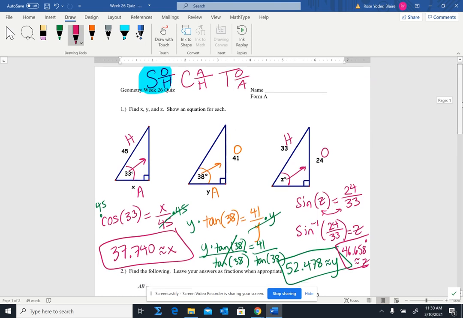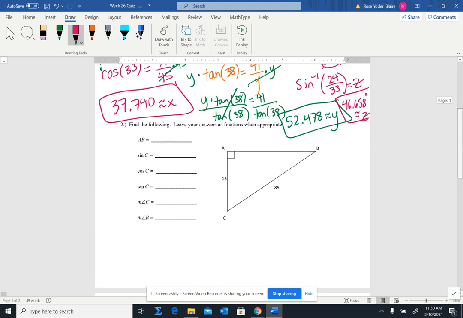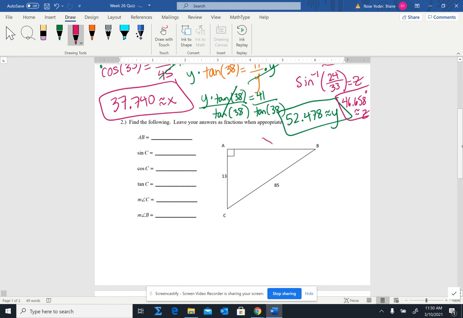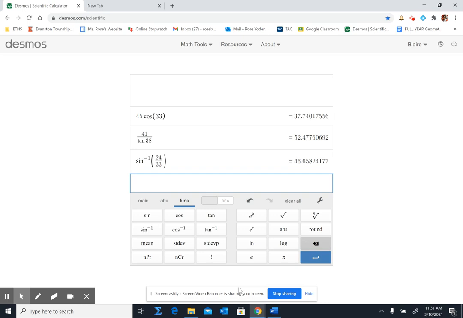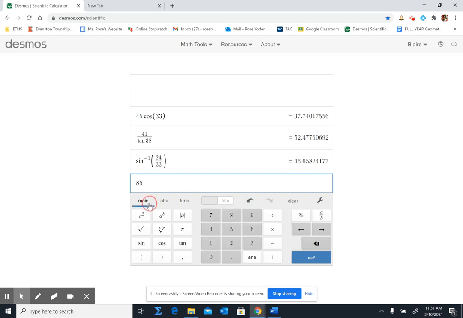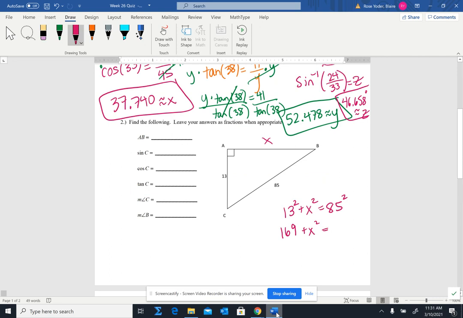All right, the next one probably has the most to it because you had to do Pythagorean theorem first to find the missing side. And this isn't one of those problems with numbers that have come up a lot, so I don't actually know this one off the top of my head. So 85 squared, I'm going to do that in the calculator. 85 squared is 7225.